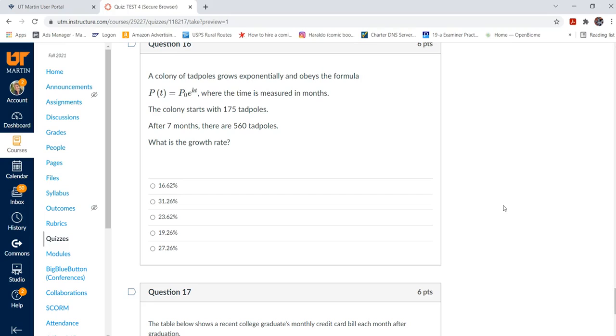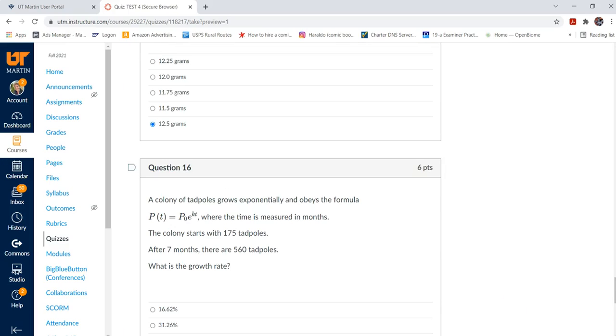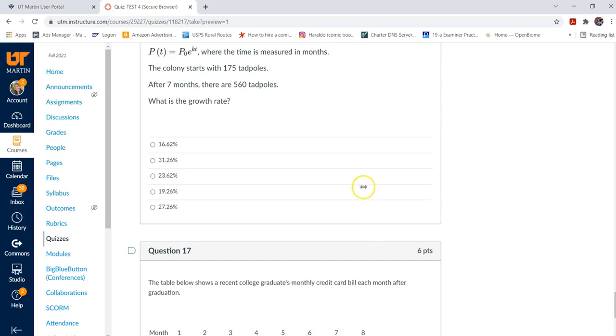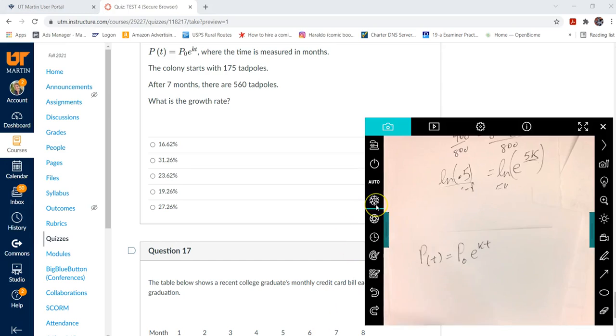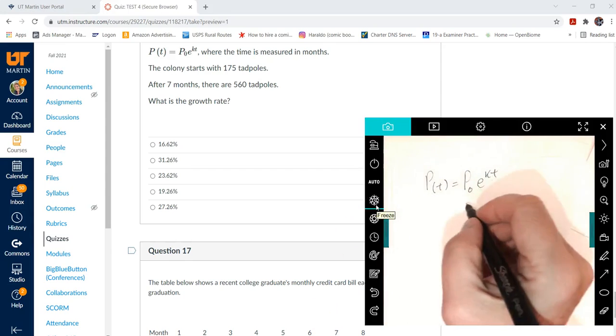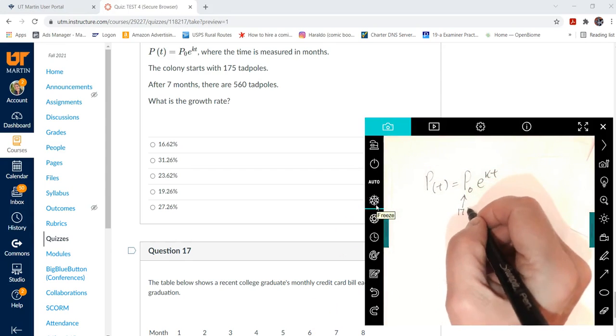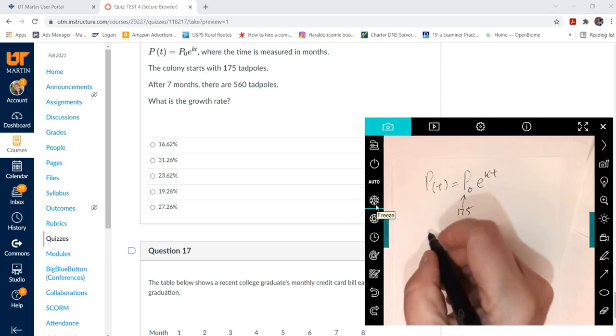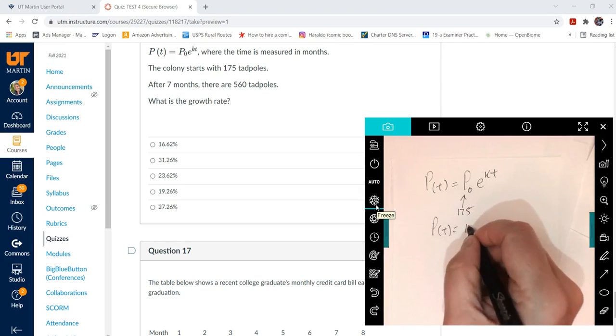All right, a colony of tadpoles grows exponentially and obeys this formula. So that's the formula we start out with. I'm going to have to find P of naught, and I'm going to have to find k. The colony starts with 175 tadpoles. So that's 175, and so I can refine this.